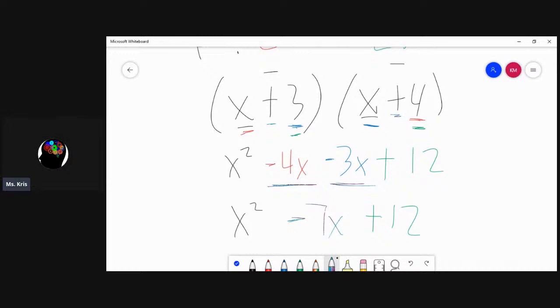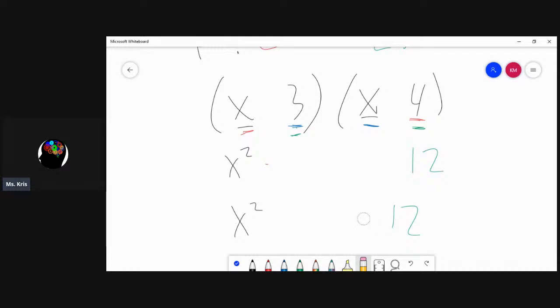Now, here is where this gets fun. Say, for instance, one of them is negative and one of them is positive. Now, say, for instance, your 3 is positive, your 4 is negative.